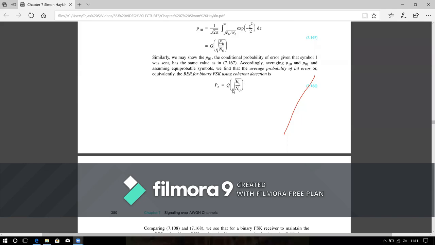To find the probability of error, suppose you have a problem on this, you have to refer to the error function table. It is given in Haykin or even Ganesh, you can just refer to that so that you can calculate the probability of error. This equation is the bit error rate for BFSK using coherent detection.